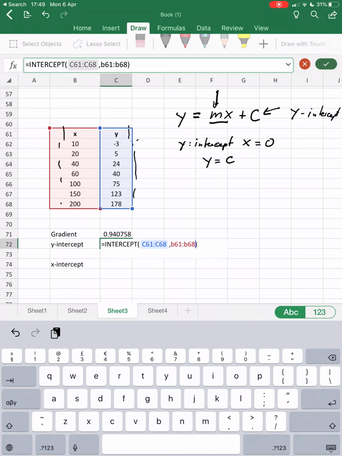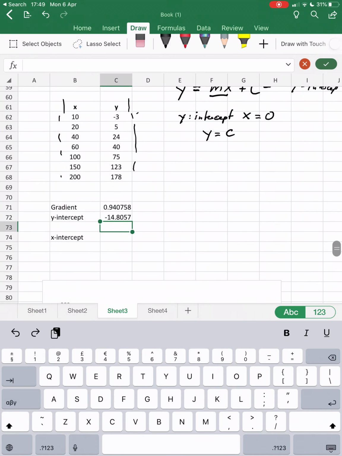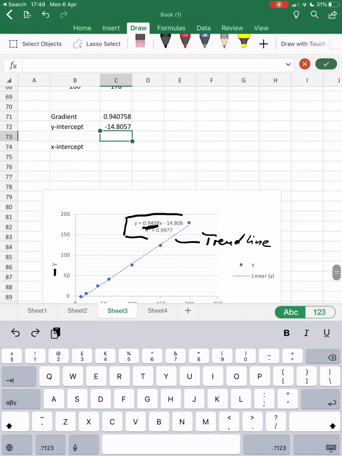And again, it's important that we put in the y values first before we use the x values. So here we get the y-intercept, and again this tallies nicely with the y-intercept that we got here.